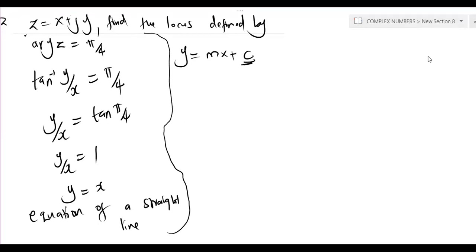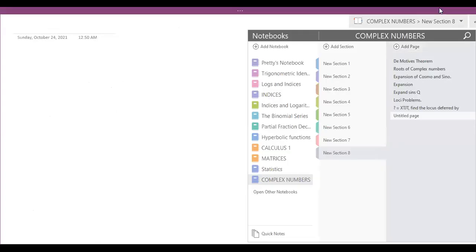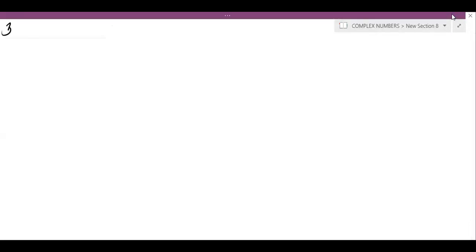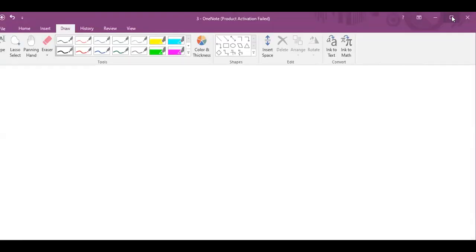Okay, let's take up another example. Example number 3, given that z is equal to x plus jy, find the equation of the locus.